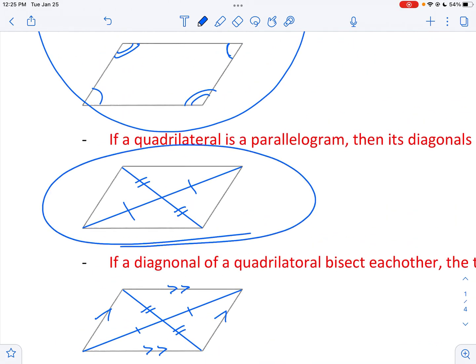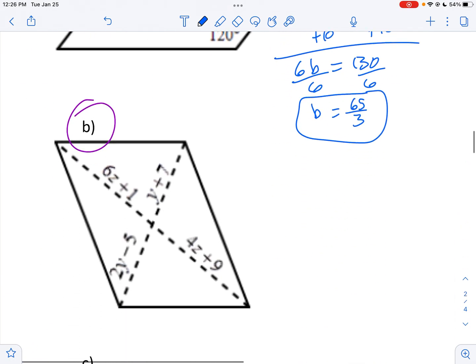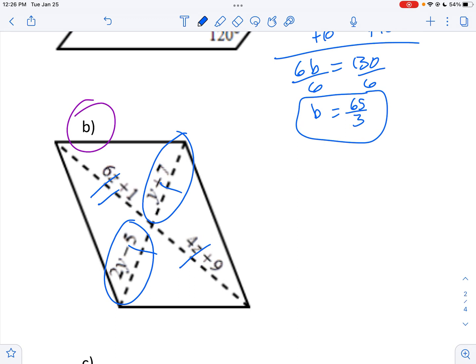If you have a parallelogram and you have diagonals, the diagonals bisect each other, so it splits them into two equal pieces. That lets you know that we can take this, and they're equal to each other. They're congruent. And the same with these two here. So I can create an equation using the different halves of the diagonals.